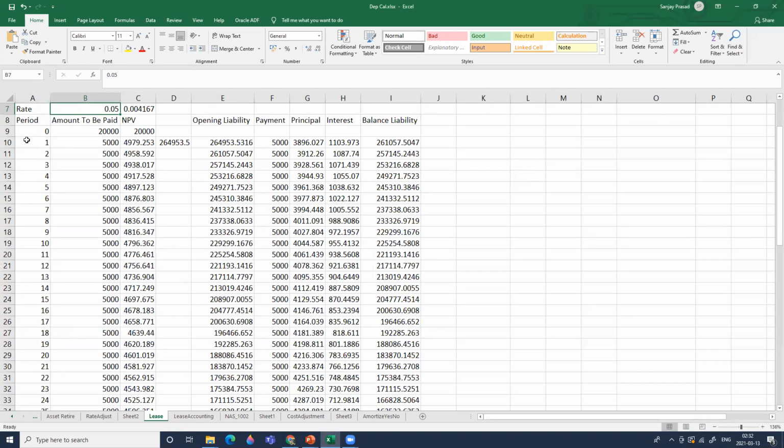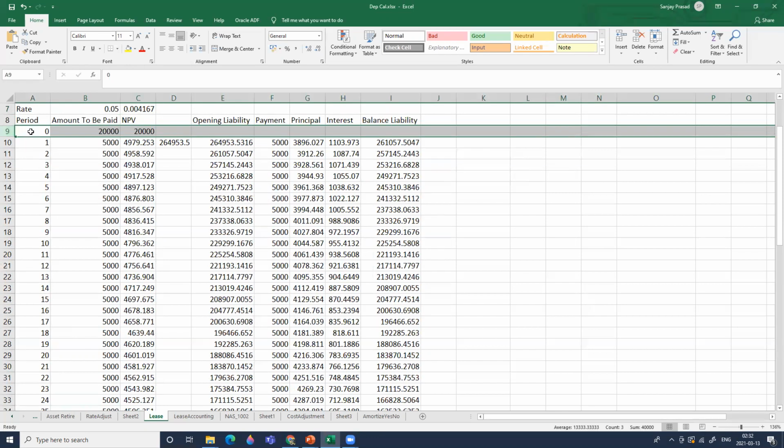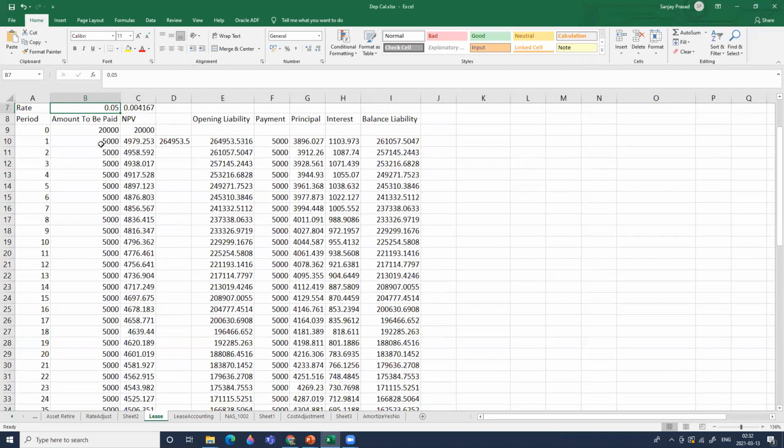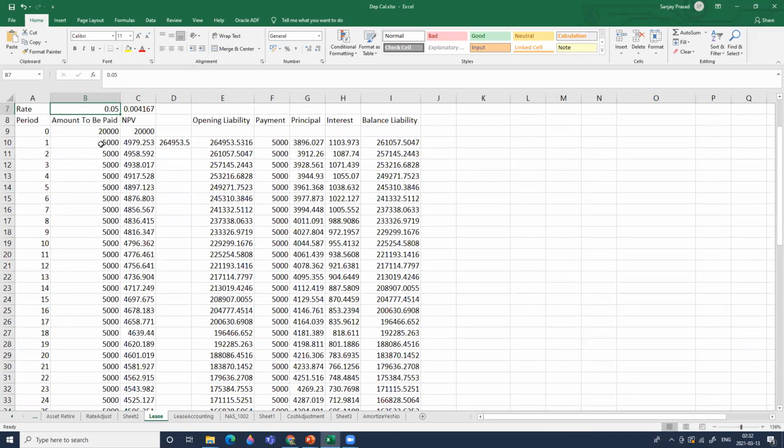Right now we are at time period 0, where we have paid 20,000, and we will pay the rest every month. We assume my cost of capital remains constant at 5%. After 1 month, we are going to pay 5,000.